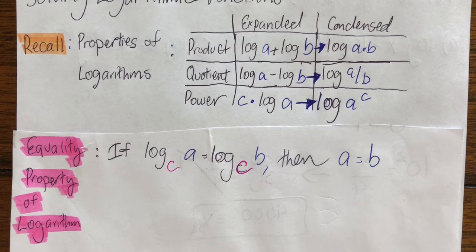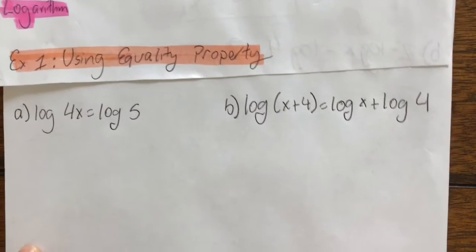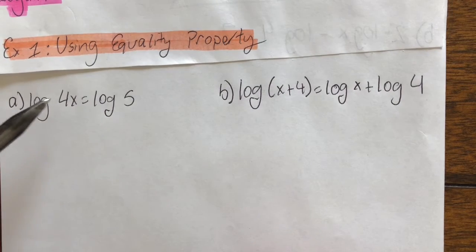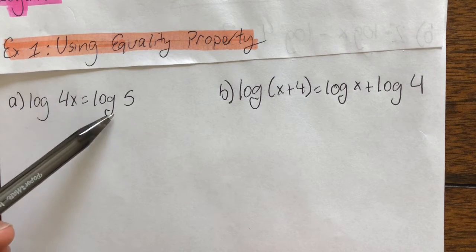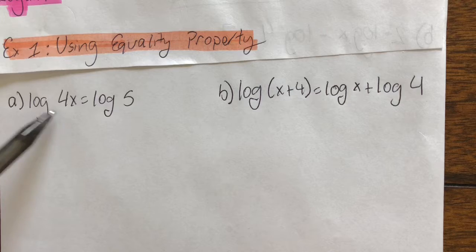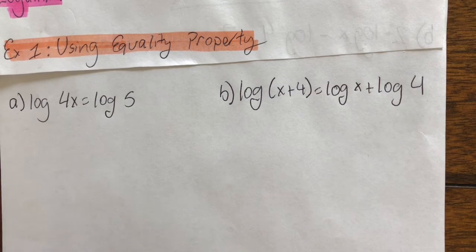All right, so let's take a look at my first example where I can use the equality property to solve. Now with A, I have log 4x equals log 5. Both of these are common logs where there's no number in the middle to indicate the base, so that means the base is automatically 10.